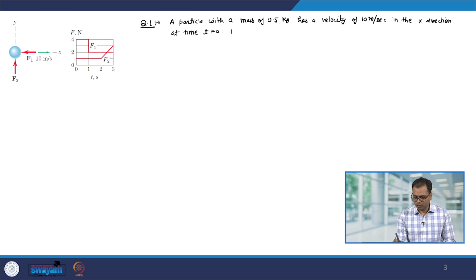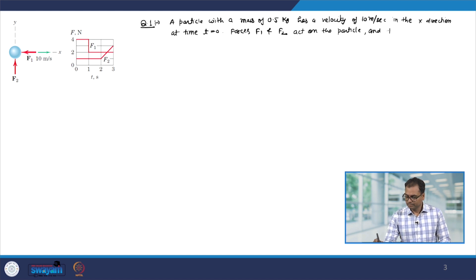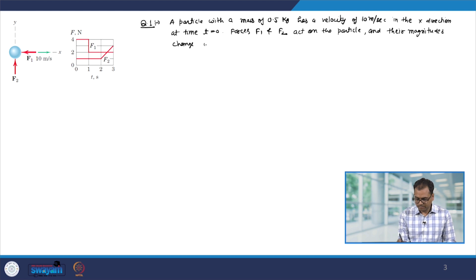Forces F1 and F2 act on the particle and their magnitudes change with time according to the graph shown.